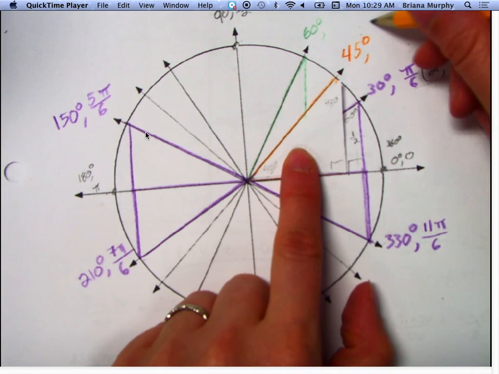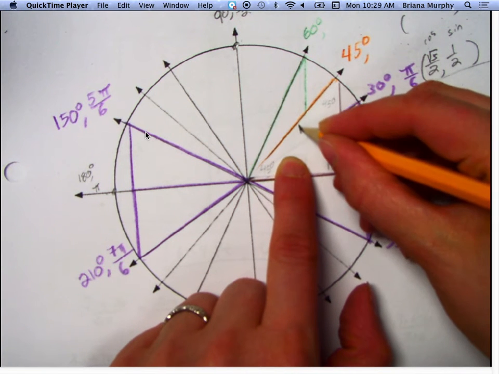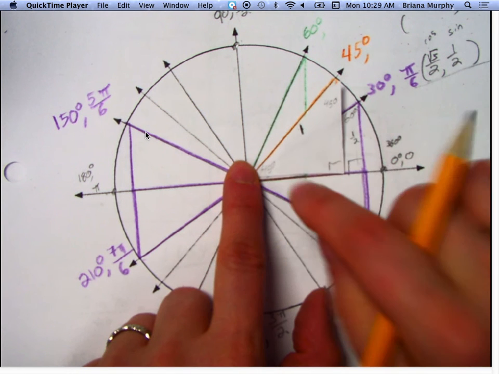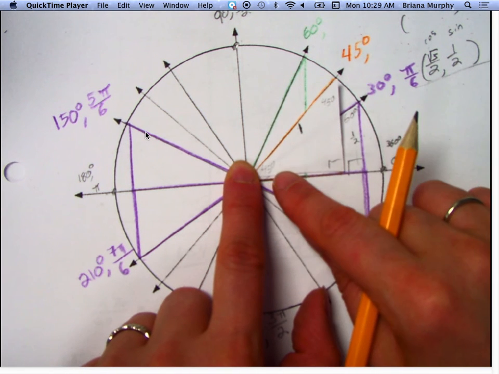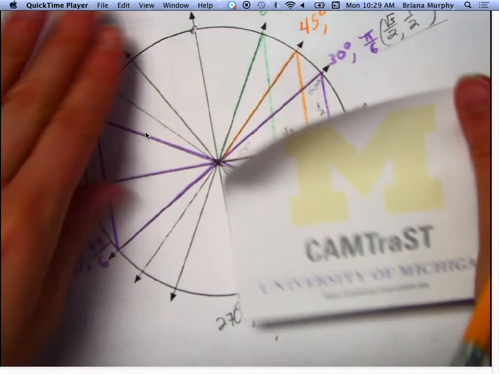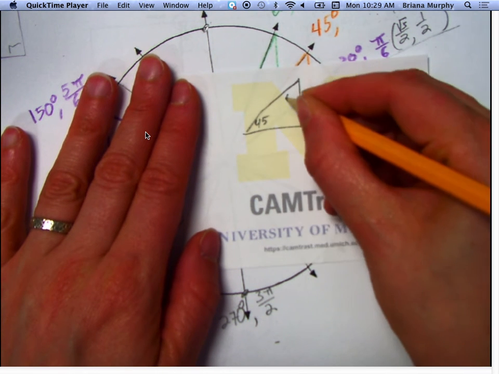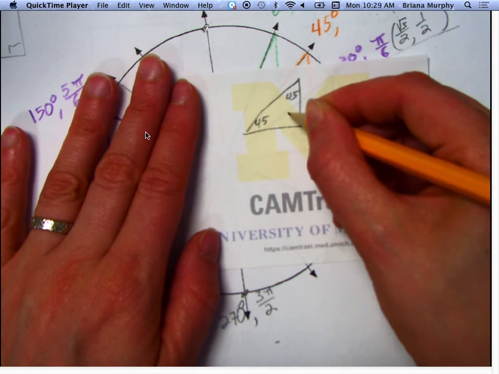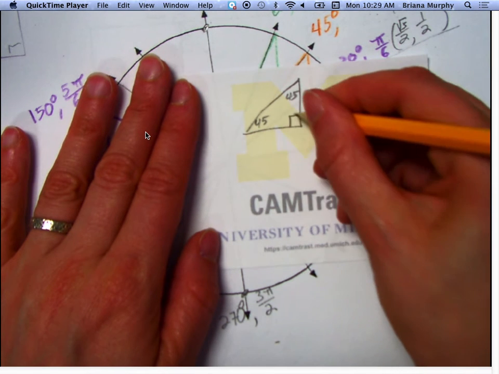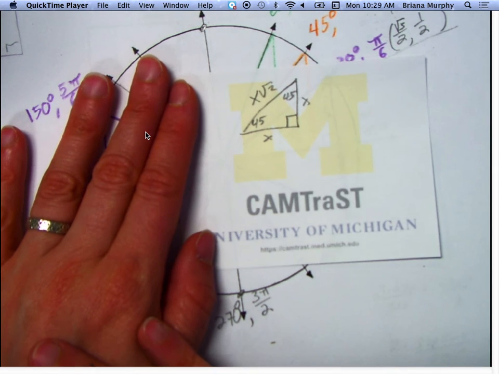I'm going to leave a space because you need your radian. If this was 1 right here, what would these two sides be? Let's look at a 45, 45, 90 again. Here I have a 45, 45, 90 triangle. You need to pay attention. We know these two legs are x, and the hypotenuse is x square root 2, correct?